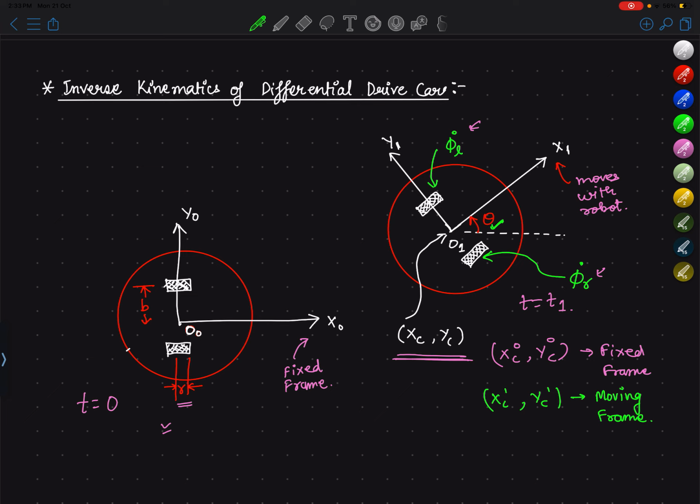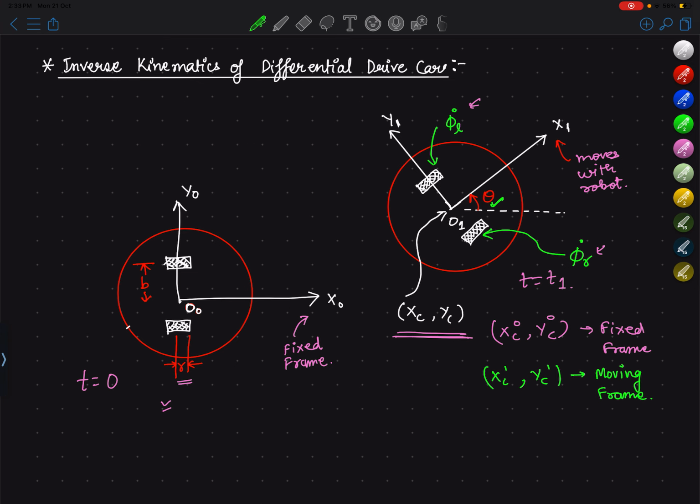So what is the goal of today's lecture? What are we going to study in inverse kinematics? In inverse kinematics, we'll take a point P, with coordinates Px and Py. What we want is for this point P to track a given reference trajectory.